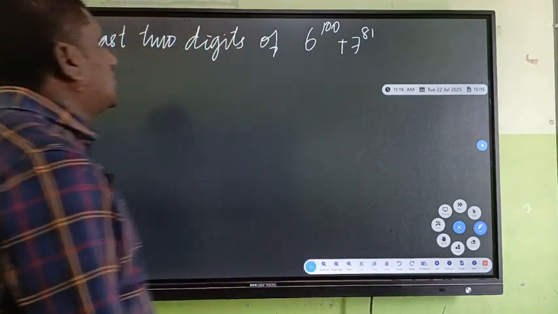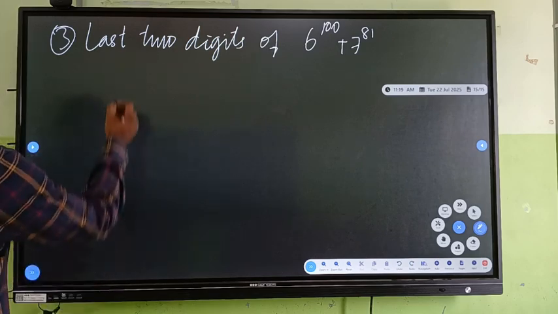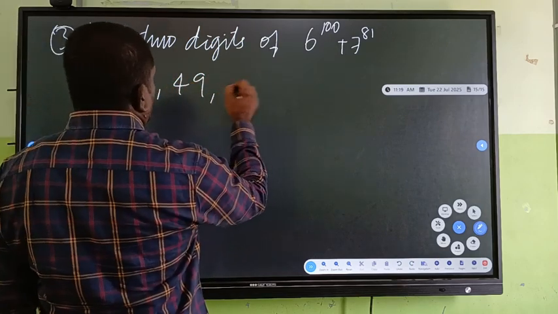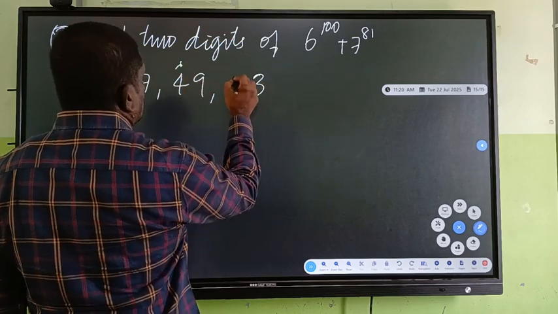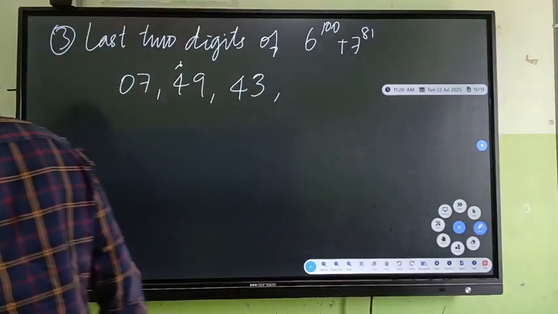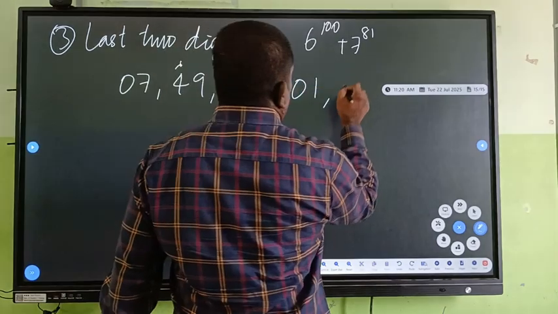Find the last two digits of 6 power 100 and 7 power 81. Here the cyclicity of 7, let us see: 07, 49, then followed by 43, then 01 and again 07.